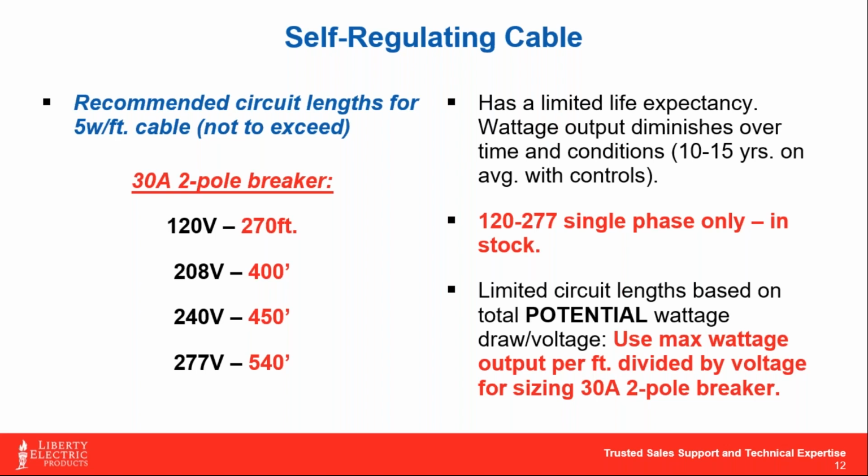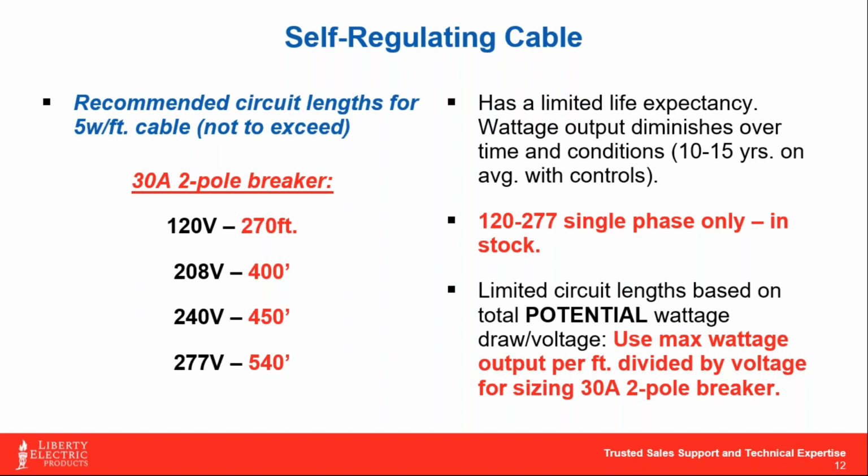But the other time that it happens is during startup inrush current. So that's what we're worried about in most cases, and why we have to size these circuits accordingly to make sure that when there's a contact closure and you send power to your cable, you get that millisecond spike where it might jump to 12 watts a foot, and we don't want that to nuisance trip your GFI rated controls, okay?